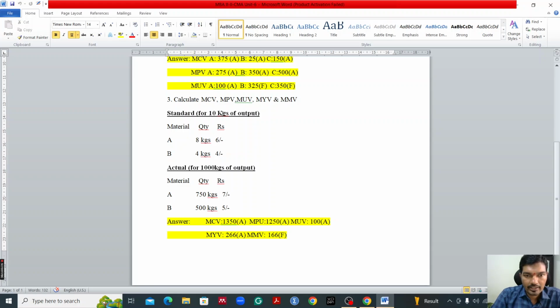When we have the same quantity, then only we can apply the formulas. The actual consumption is 1000 kgs, while this information is for only 10 kgs, so we need to convert the 10 kgs data into 1000 kgs. Then only we can go for the next step. Uniformity is required.